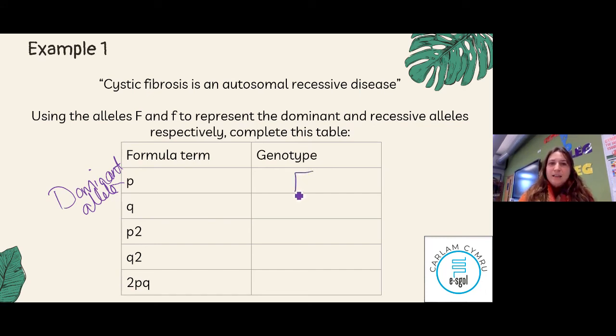So the dominant allele is going to be the capital F. The q, the recessive allele, is going to be the lowercase f. I apologise, I haven't done subscript there. So we look at capital F, little f, little f. Here we're going to have capital F, little f. So we now know what we're going to look at when we see these terms.